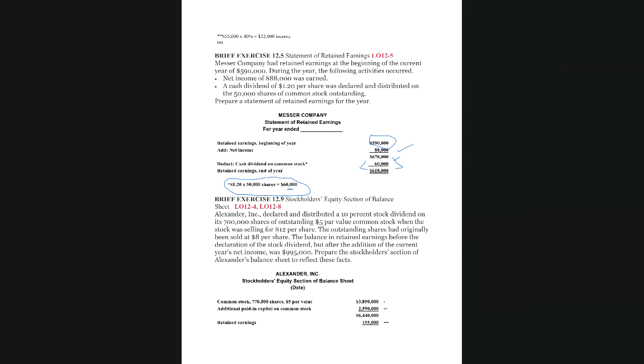Any type of dividend always reduces the amount of retained earnings. So what is the retained earnings balance at the end of this year? It's going to equal $618,000. That's the amount that's going to be posted to the balance sheet at the end of this year.